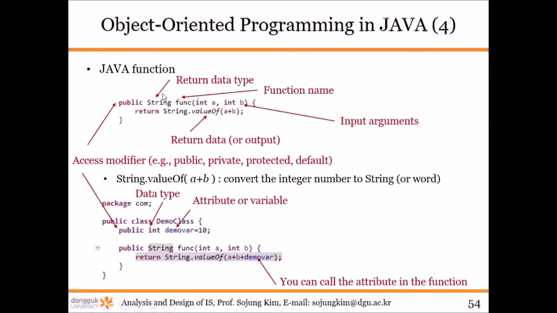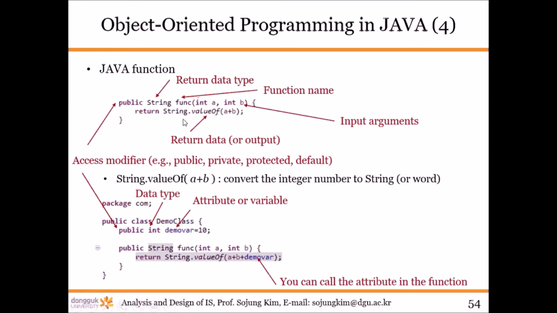This is the output data type, and this is the function name. Func is the function name, and then we have two arguments, the first one and the second one. But you can have three arguments, four arguments, or no arguments for a function. So a and b are the two input arguments, and it will do something and then return the data. Once it receives the input, it will provide output.